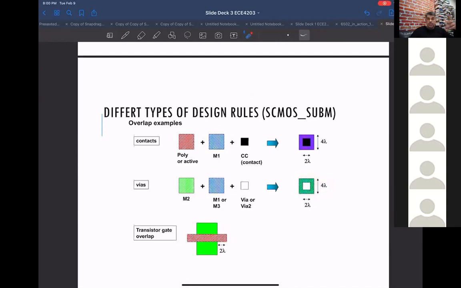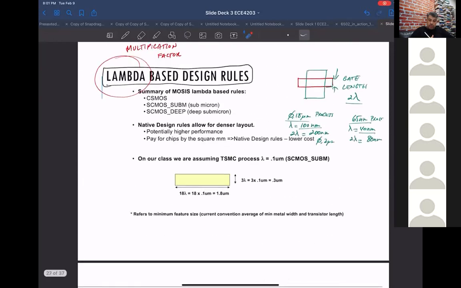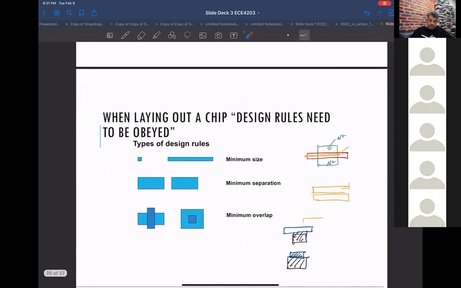And again, this lambda is 100 nanometers for a 0.18 micron process, or 40 nanometers for a 65 nanometer process, or it could be different things for different processes. By the way, these are the rules you typically have.